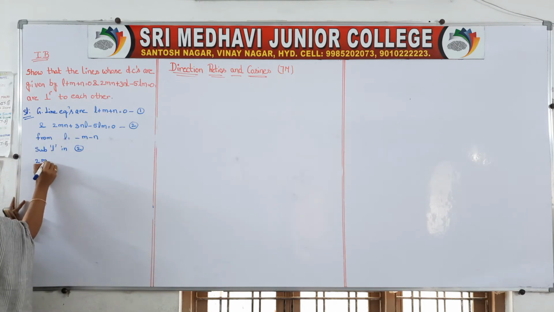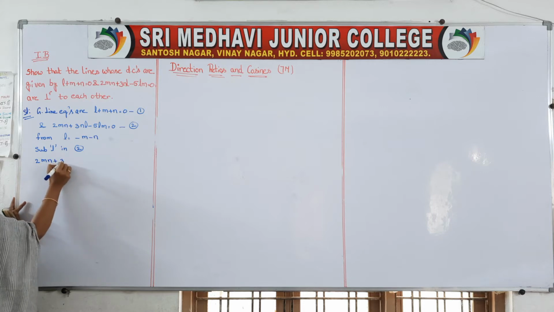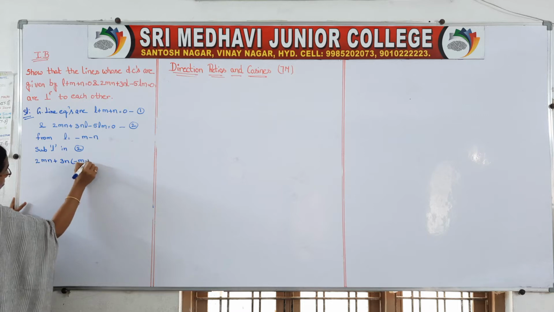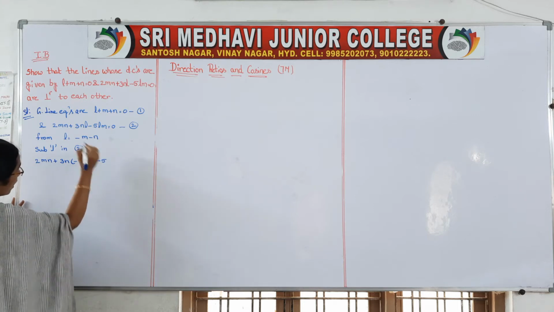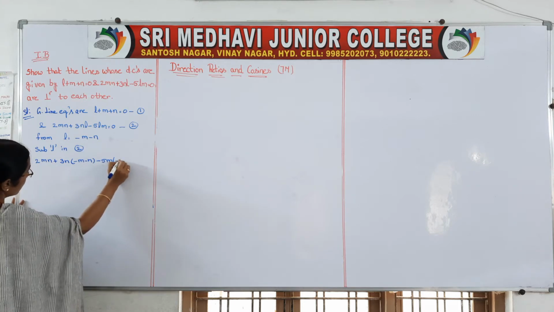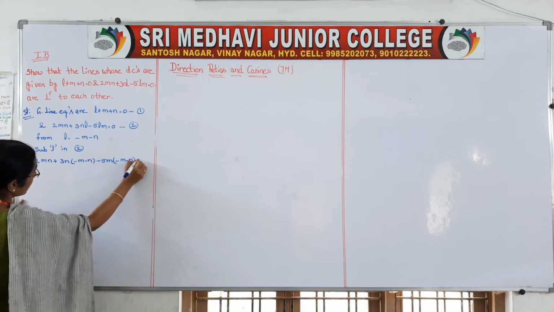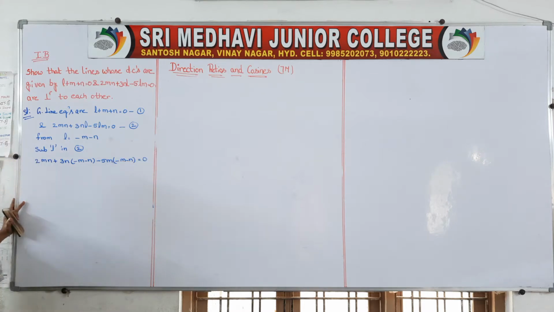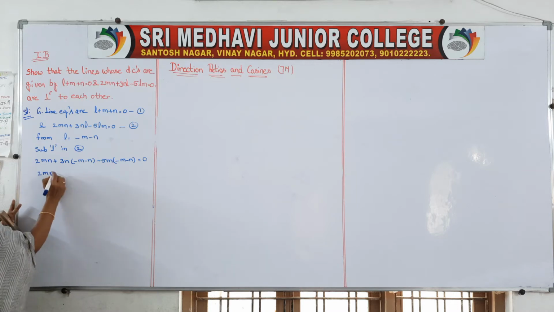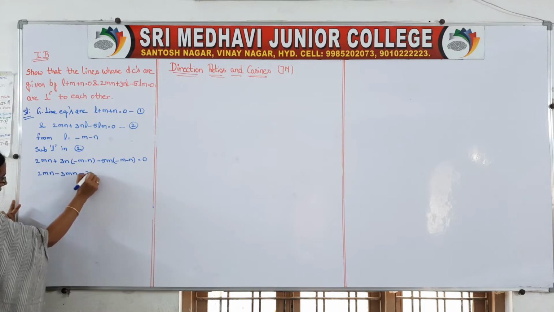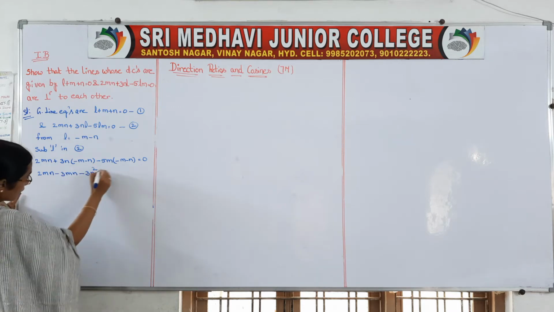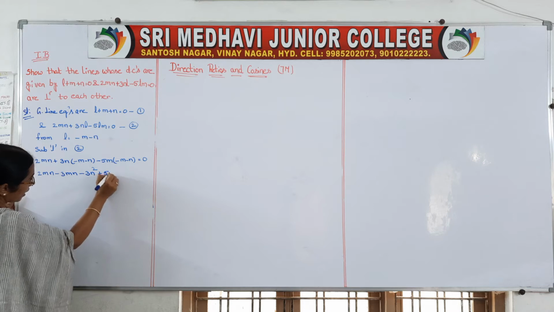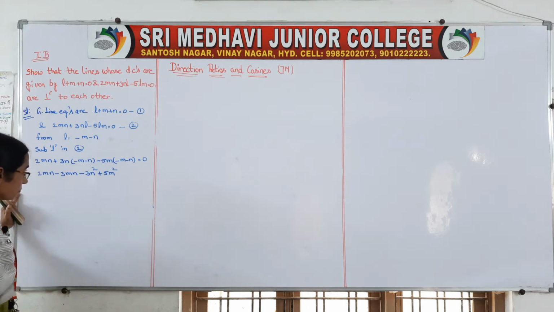So 2mn plus 3n, l is there, minus m minus n, minus 5m, l is there, minus m minus n, is equal to 0. So 2mn minus 3mn minus 3n square, minus of minus plus 5m square.